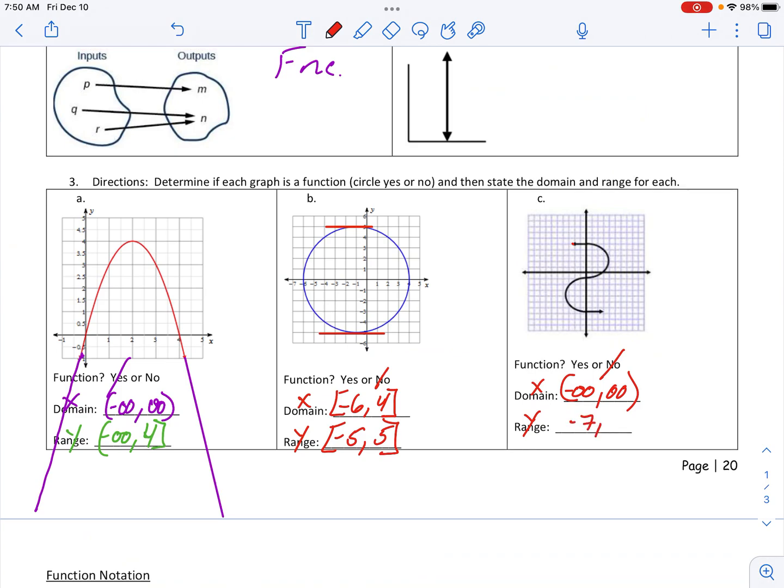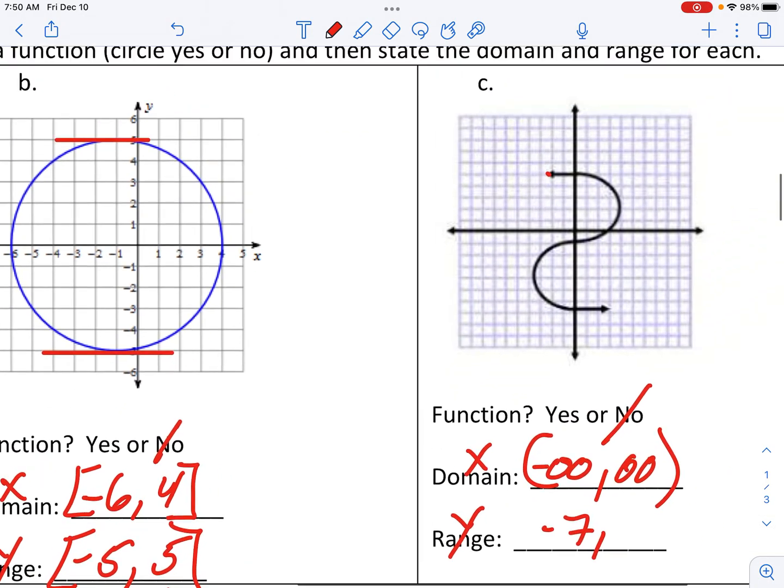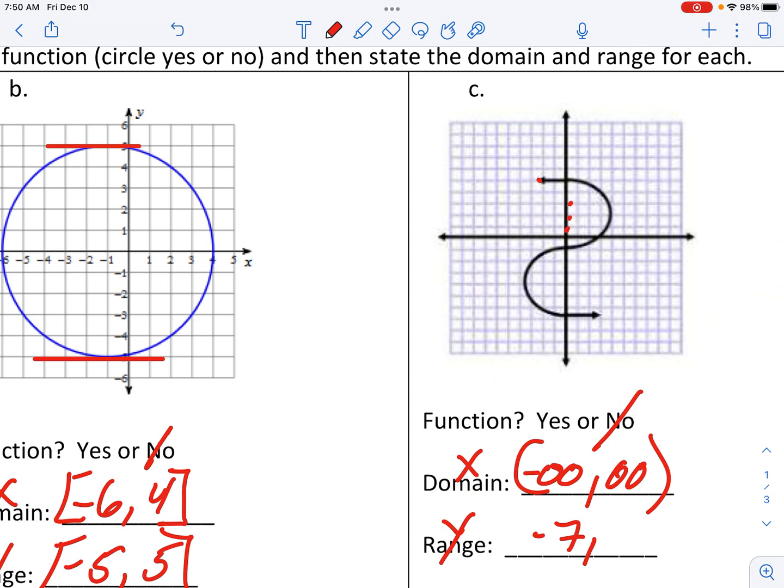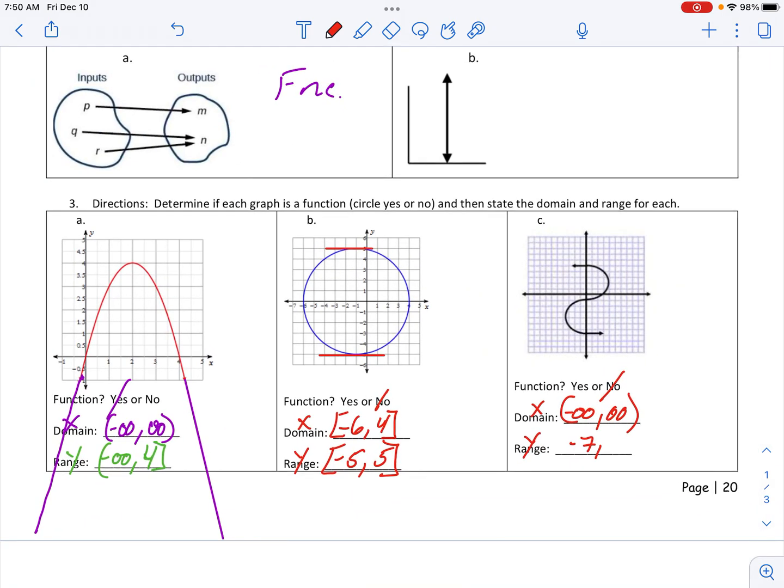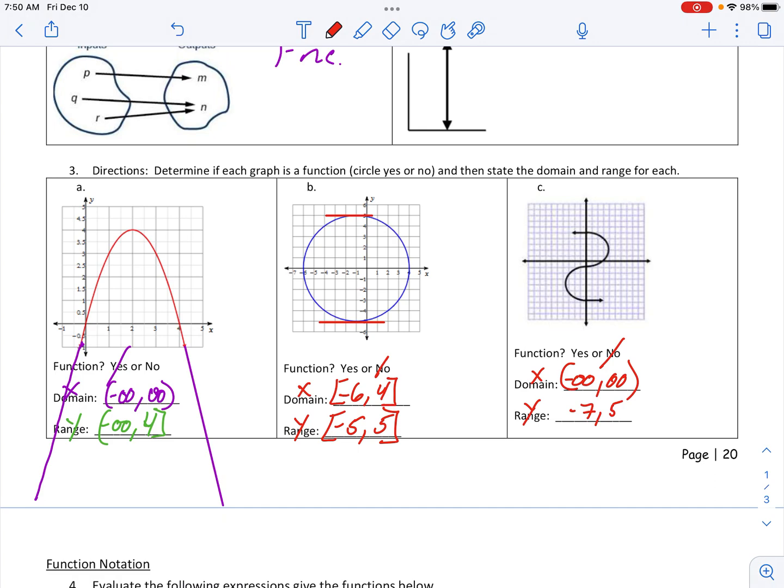So I only need to go down to negative 7. And then I only need to go up to 1, 2, 3, 4, 5. I only need to go up to 5. So our range is from negative 7 to 5, with brackets, because that graph is solid on both sides, on the top and the bottom.